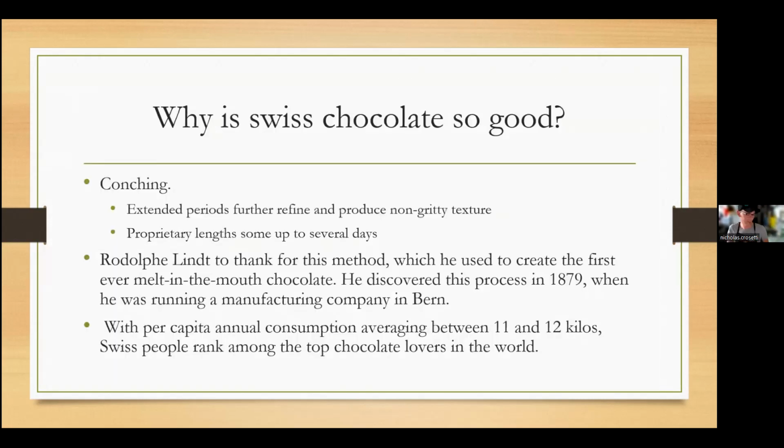It's just the right place at the right time, that Europe had discovered the cacao bean, and that Switzerland grabbed hold of it in making chocolate what it is today.